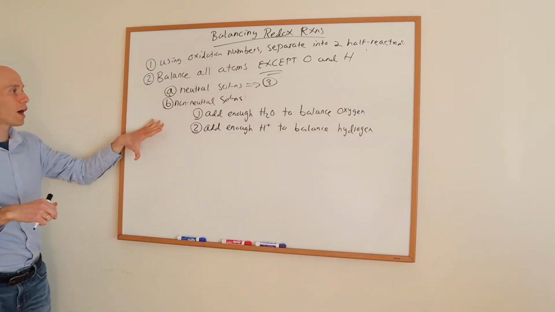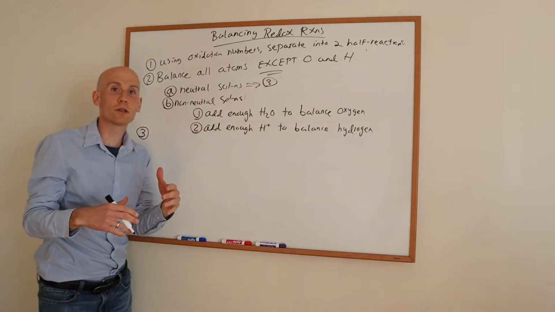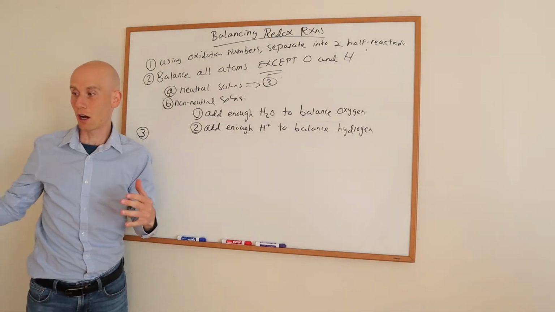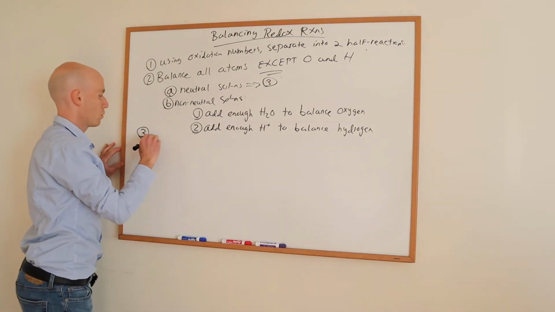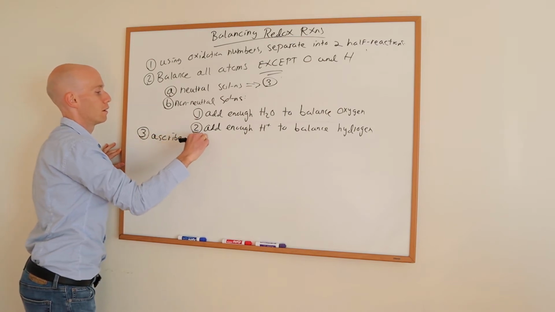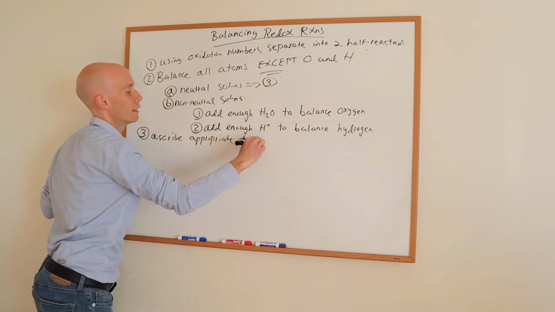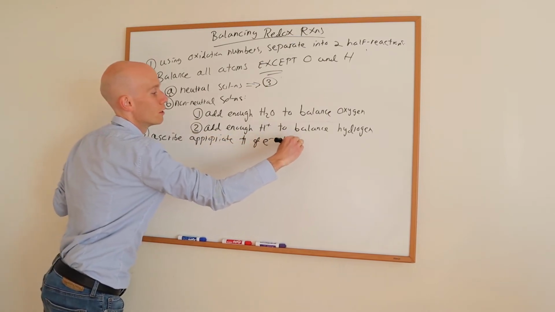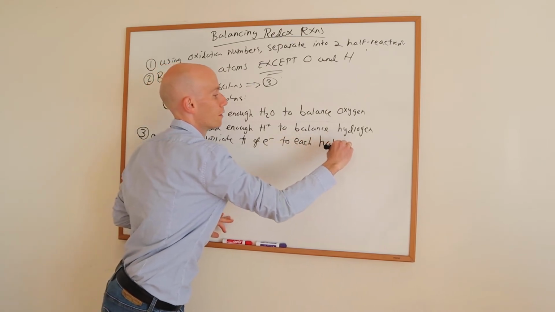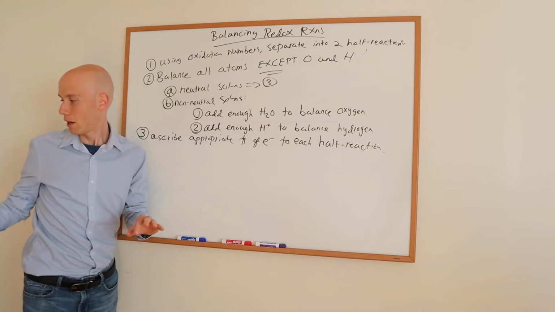So after you do this, you go to the next step, which is to ascribe the appropriate number of electrons to each half reaction. And we just did that, so you saw what that's like. Okay.